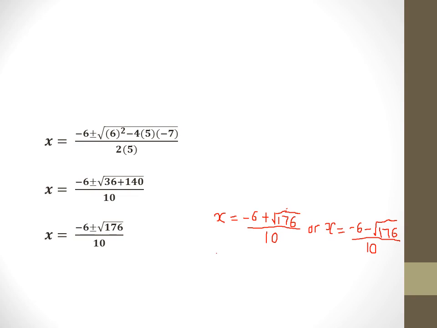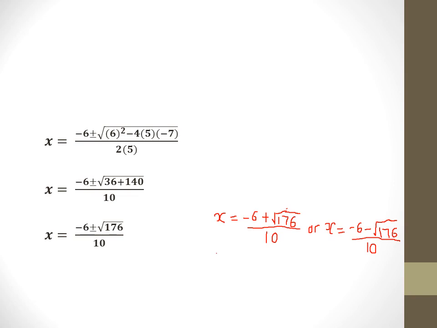So please look at the workings. We are going to have x is equal to negative 6 plus square root of 176 divided by 10, or x is equal to negative 6 minus square root of 176 divided by 10.